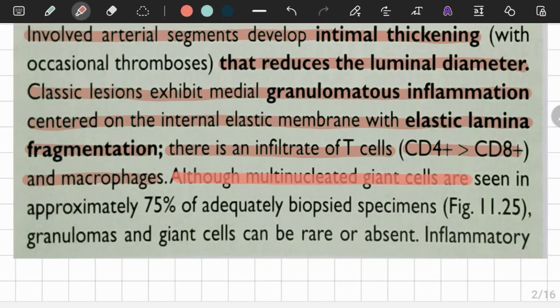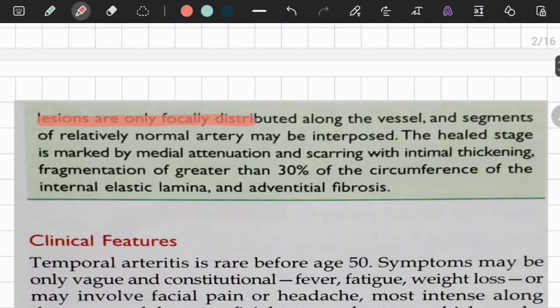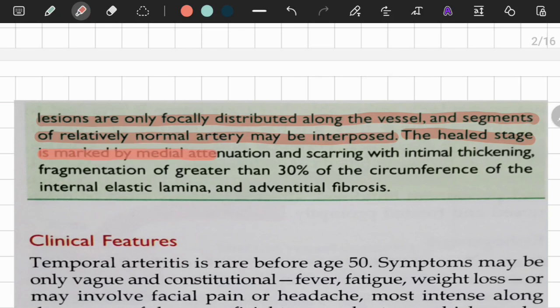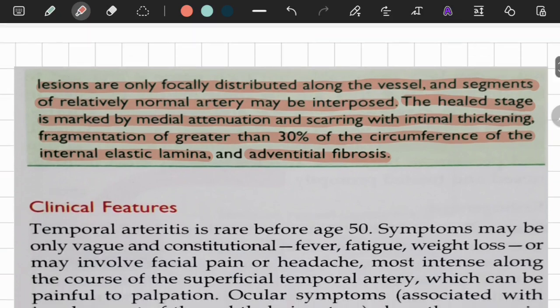Although multinucleated giant cells are seen in approximately 75% of adequately biopsied specimens, granulomas and giant cells can be rare or absent. Inflammatory lesions are only focally distributed along the vessels, and segments of relatively normal artery may be interposed. The healed stage is marked by medial attenuation and scarring with intimal thickening, fragmentation of greater than 30% of the circumference of the internal elastic lamina, and adventitial fibrosis.